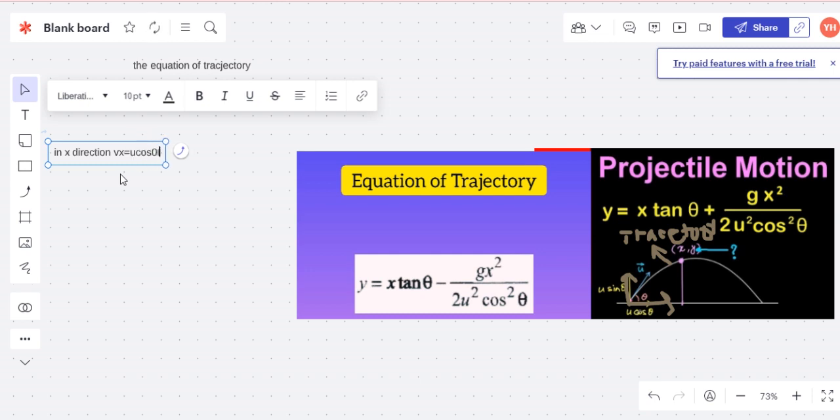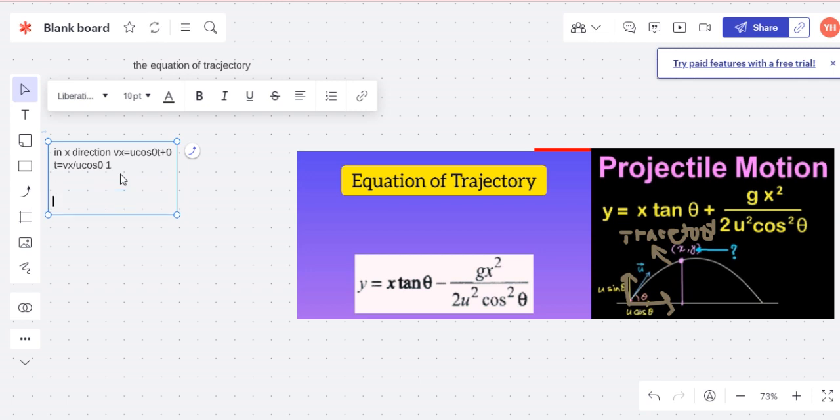There is no need to write plus 1/2 gt square, because we know that the acceleration in the x direction is always 0. It's completely 0. So what will be the time here? Of course the time will be t equals vx divided by u cos theta. Let's call it equation number 1.